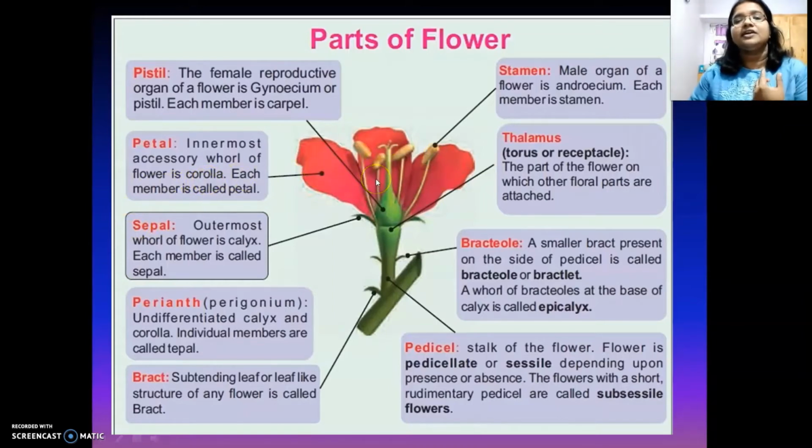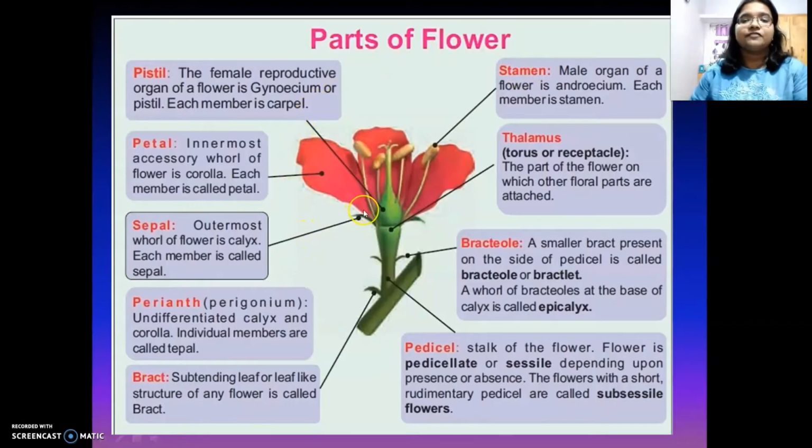Now, the very important parts of the flower are the male reproductive part and the female reproductive part. The female reproductive part of the flower is the pistil, and the male reproductive part is the stamens. We will be discussing all this in detail.